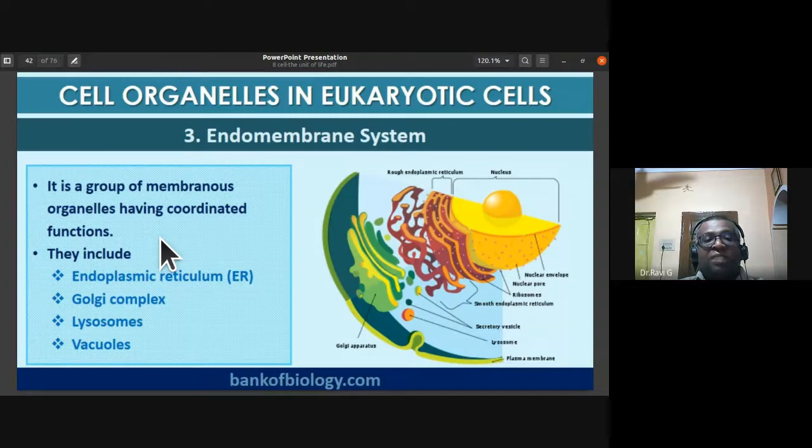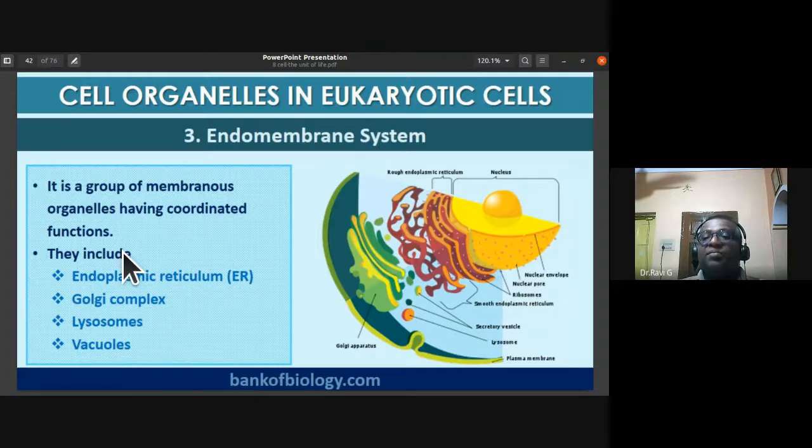The endomembrane system consists of the endoplasmic reticulum, which is of two types, smooth endoplasmic reticulum and rough endoplasmic reticulum. Then you have the Golgi complex or Golgi apparatus, lysosomes, and vacuoles.